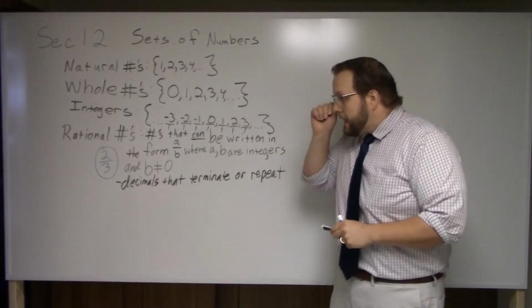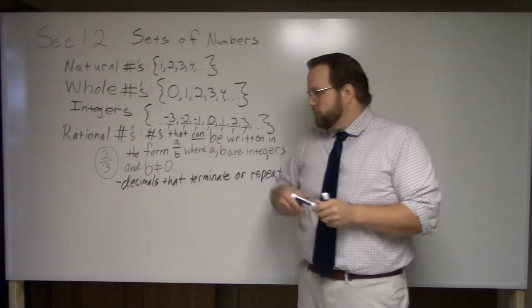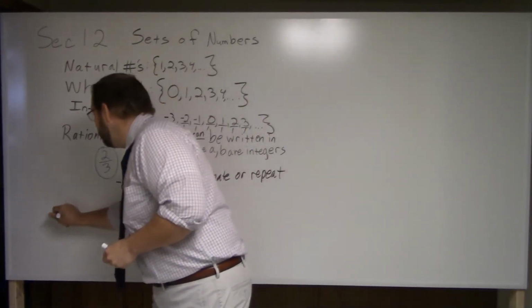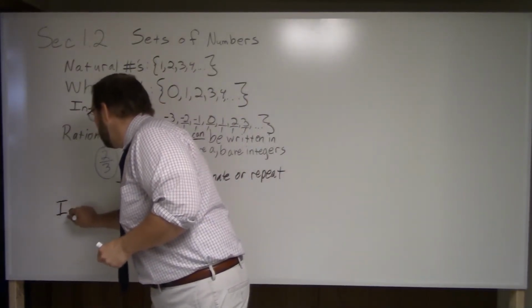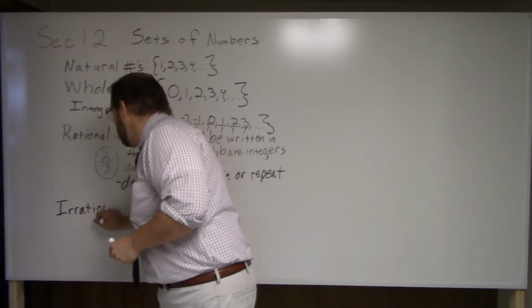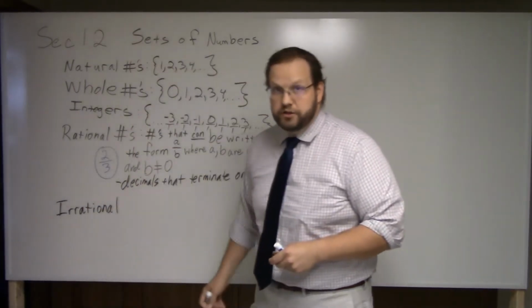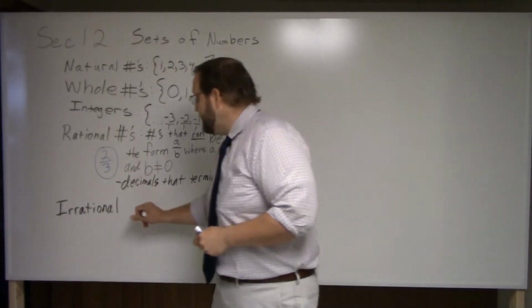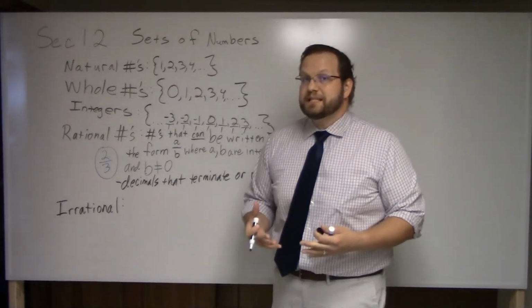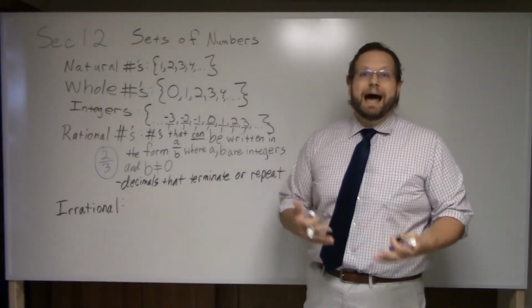Okay? Now, this next set is kind of a standalone set, and that's what we call the irrational numbers. Now, the irrational numbers, think of that prefix IR. That just means not rational.